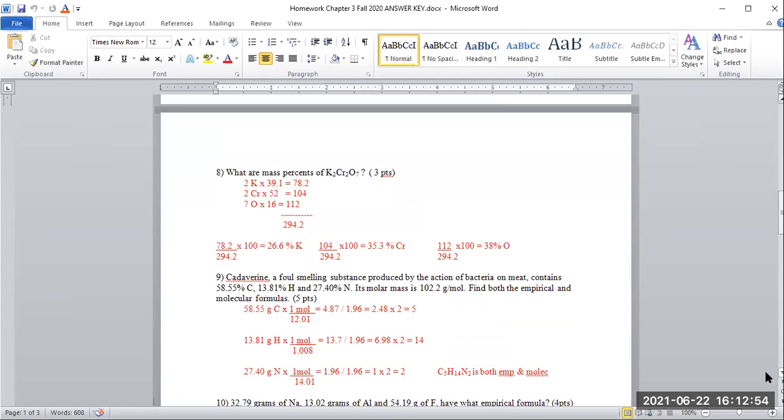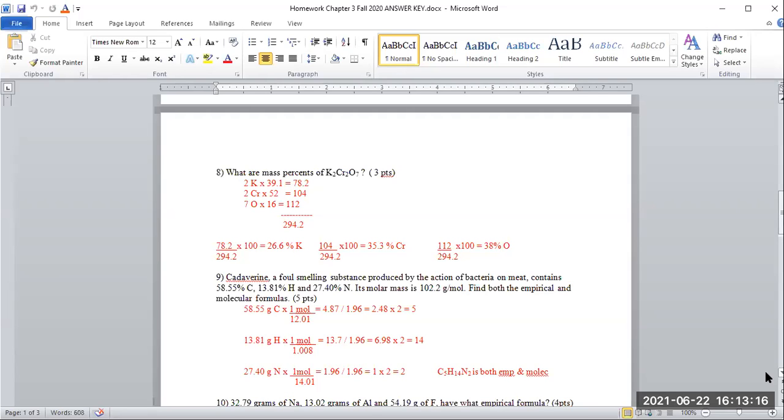My 2 potassiums, my 2 chromiums, my 7 oxygens. Since I multiplied across, I've already done some of the math I need in order to calculate my percentages. My full molar mass is 294.2, so it goes in the bottom of each of my percentages.